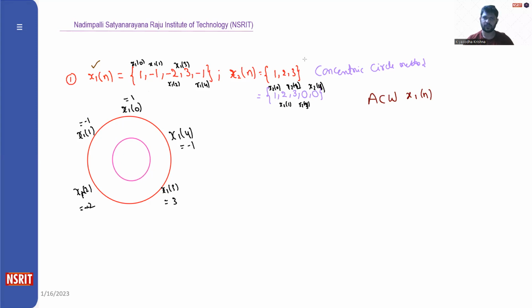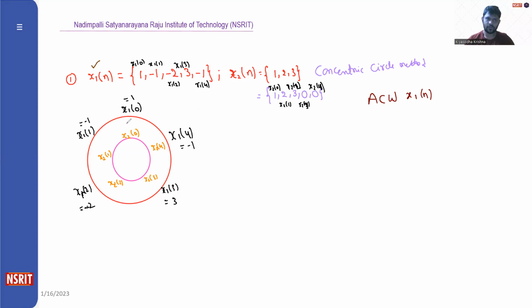In the other circle, where we wrote x1 of 0, in the same place we write x2 of 0 initially, then x2 of 1, x2 of 2, x2 of 3, and x2 of 4.